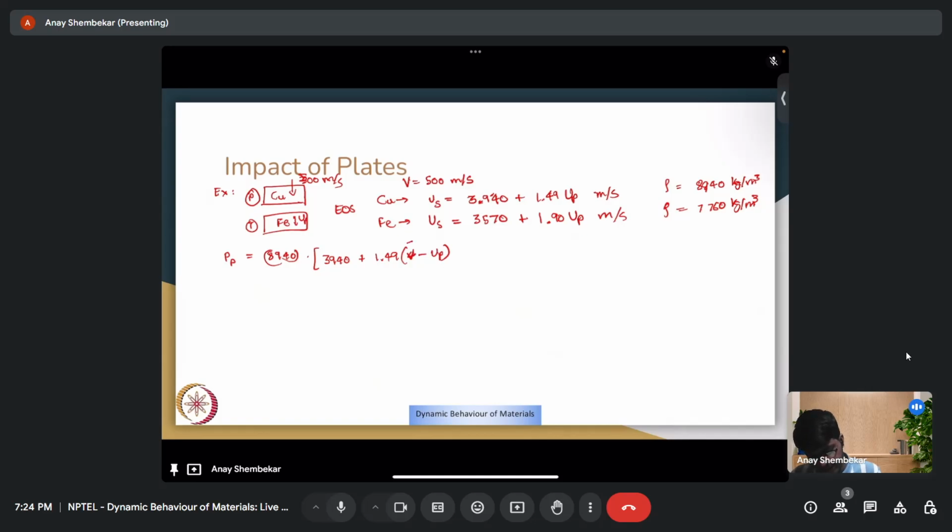V is 500, so 500 minus UP into 500 minus UP.